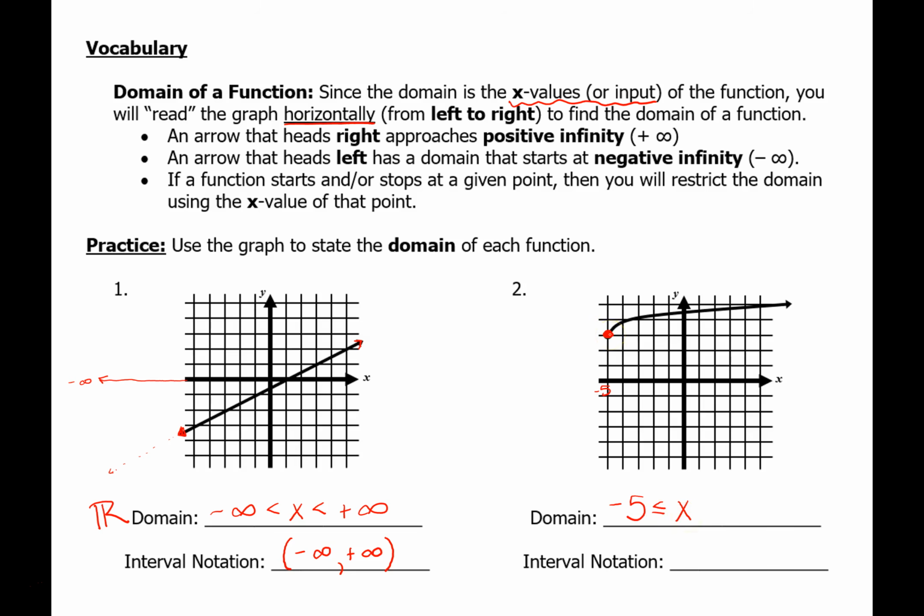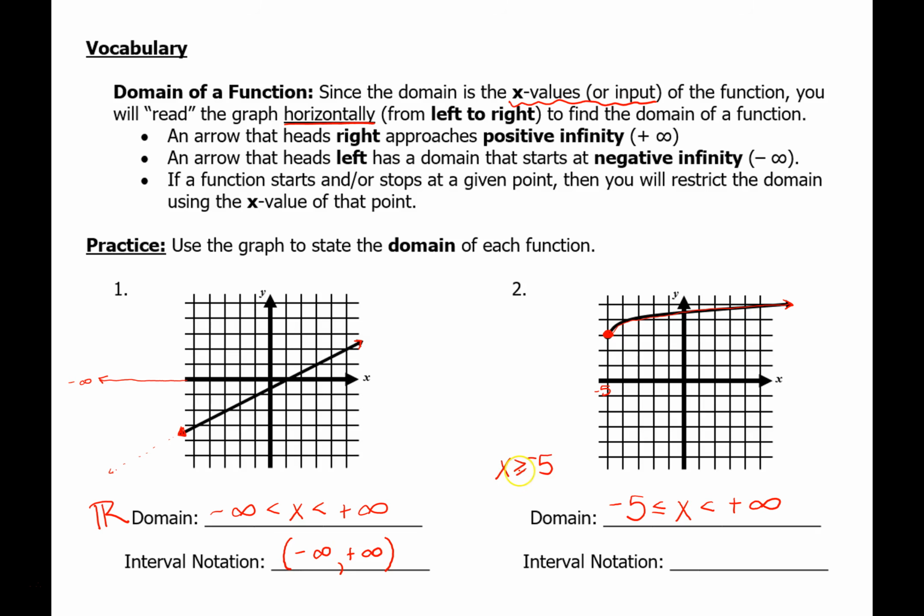Now, as we continue along this function on the right, and reading that graph, it keeps going forever, so it's going to go all the way off to positive infinity on the right. This one is not going to have an equal sign because it is not ever equal to positive infinity. Now, this one you could also write as x is greater than or equal to negative 5.